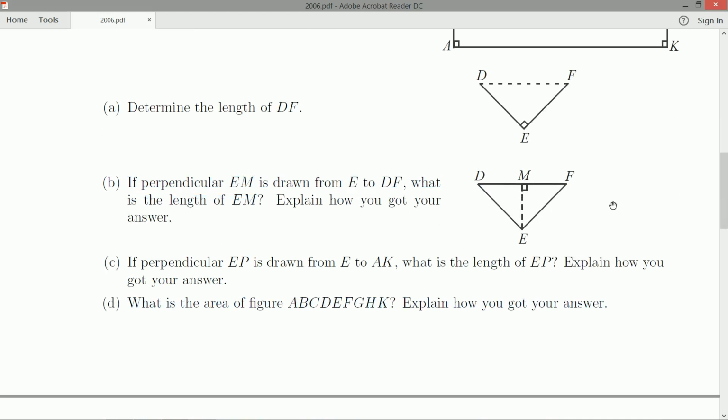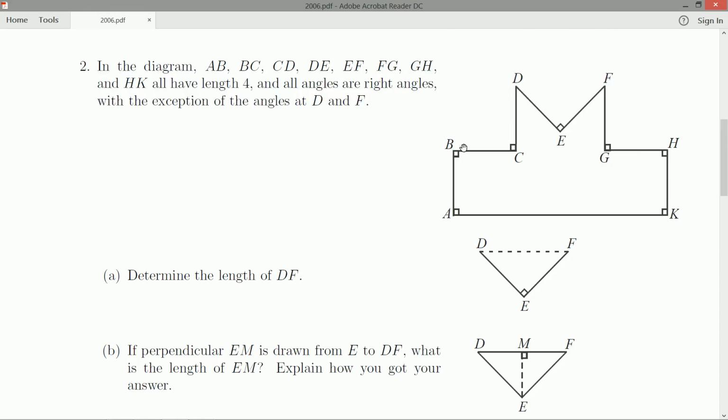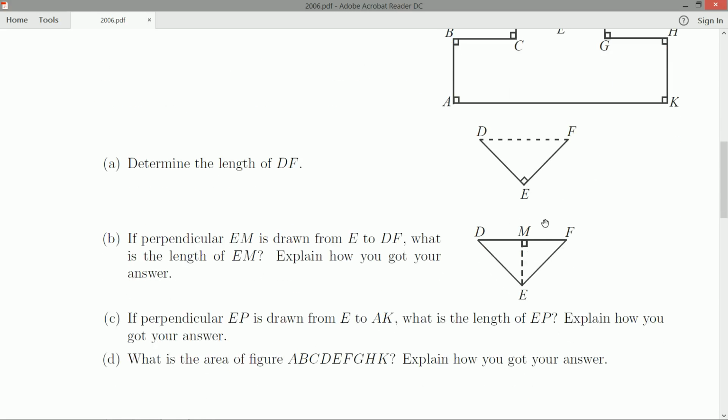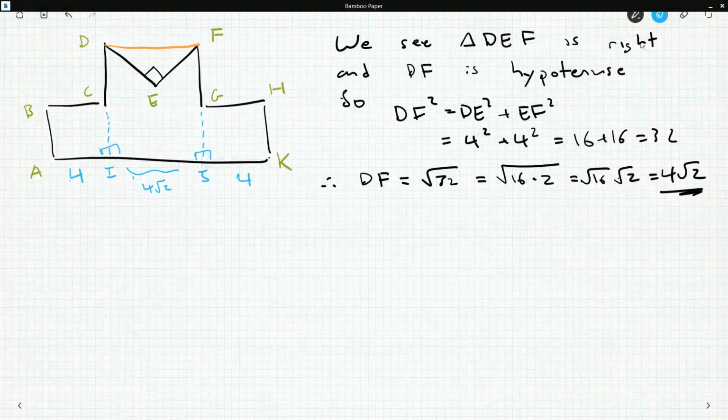Well, again, I think it has nothing to do with the larger figure, it's just DEF, and it's a right angle triangle, and DE and EF are both 4. We'll just use the hypotenuse again. So let's just jump into it.